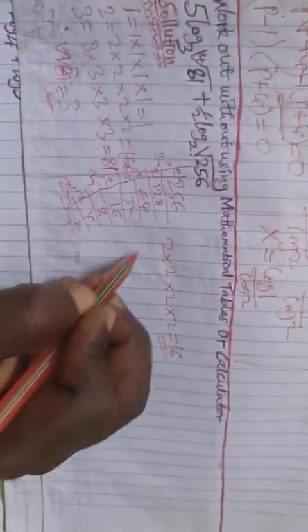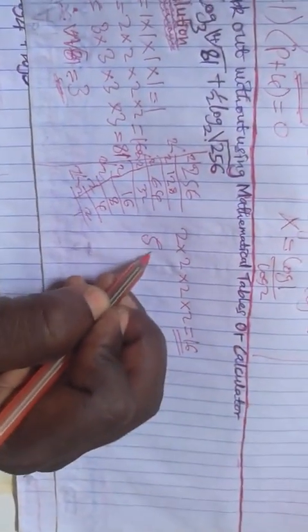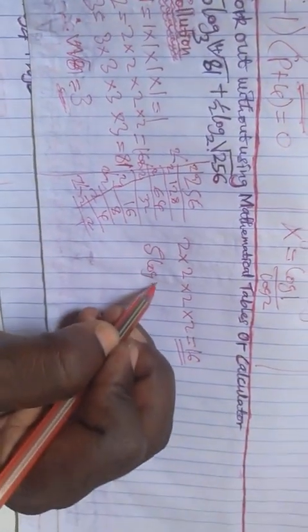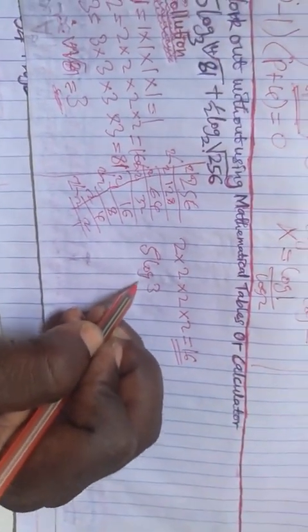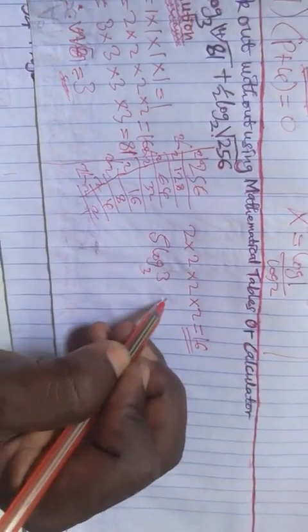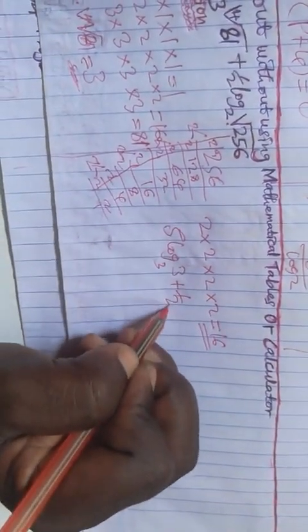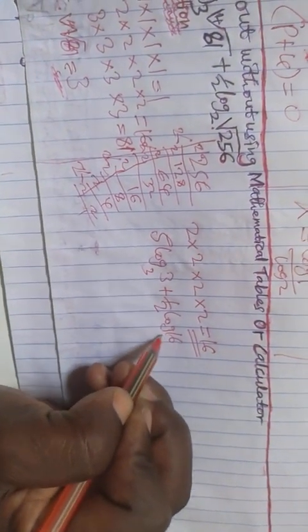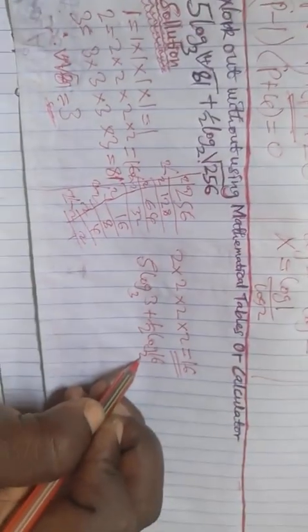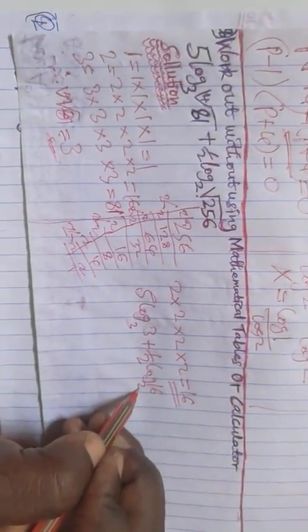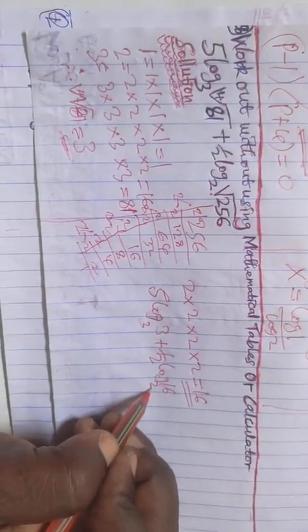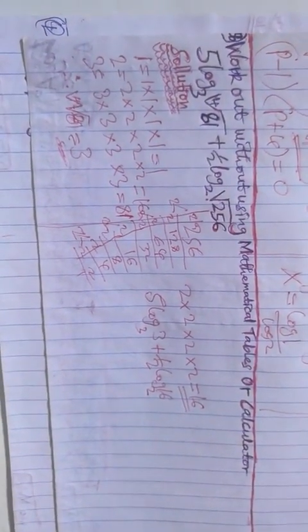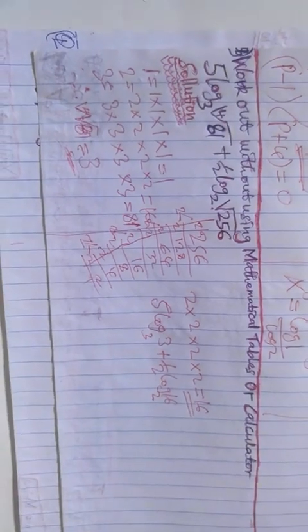Hence, 5 log 3 base 3 plus a half log 16 base 2. Since the logs have different bases, we first found the logs of each independently.